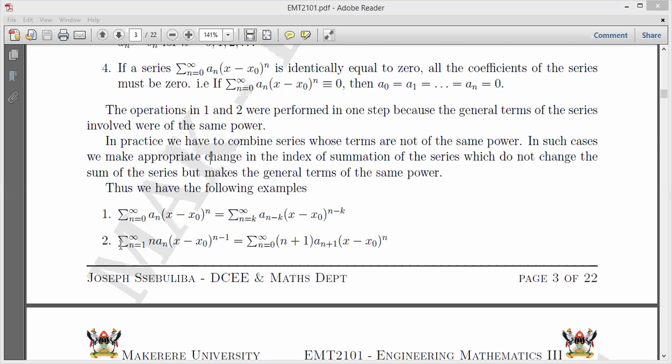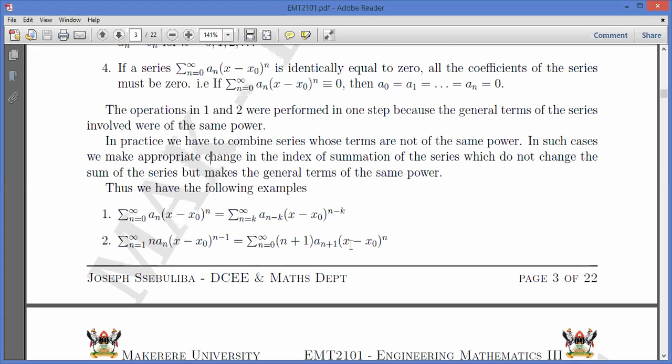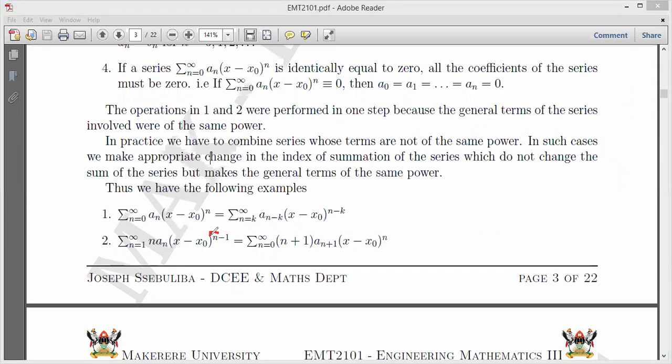So assuming you had an expression which looked like this one here, how would you go about it? Simple. As we have demonstrated already, we have n minus 1. It always starts with a power, this power here. That's where things start. So since this is n minus 1, if we let m equal n minus 1, then remember this n runs from 1.